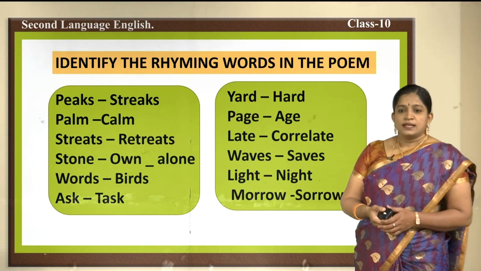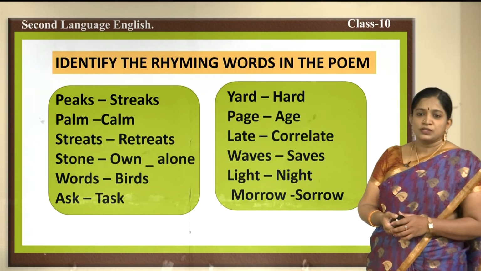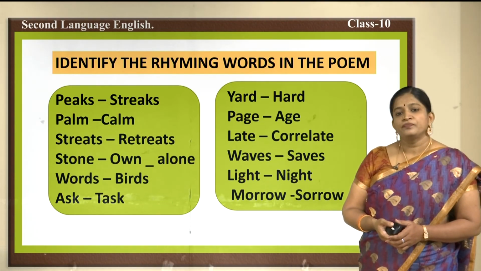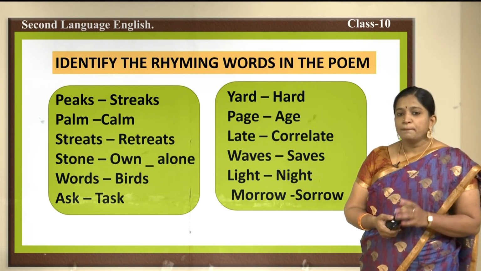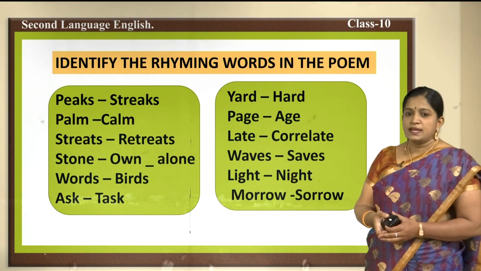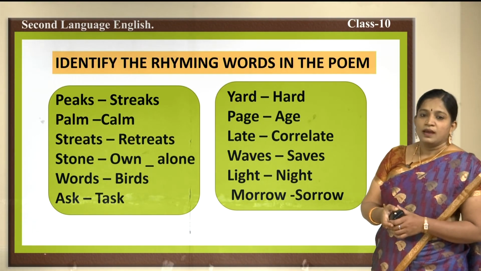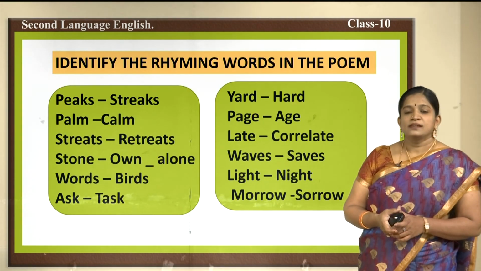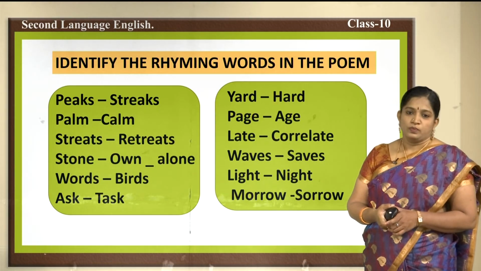Now, let us have a look at the rhyming words children. You will find these rhyming words in your text. You just look at your textbook. Here are some words. The first word, peaks. The word peaks rhymes with streaks. Palm, calm. Streets, retreats. Stone, own, alone.